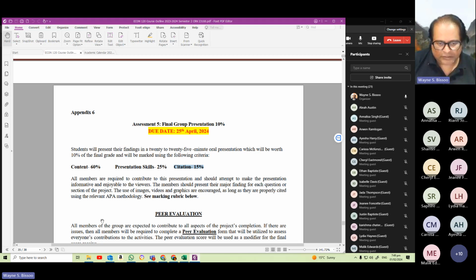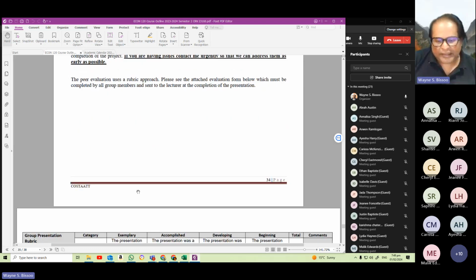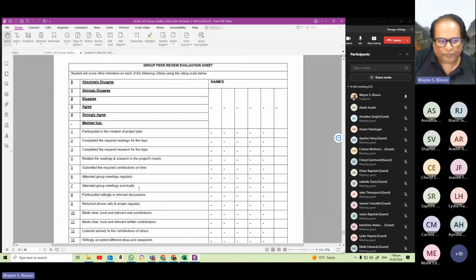Okay? Now, this is where peer evaluation can come in. If a group is dysfunctional in the way it's working, I will ask you to do a peer evaluation form, which means each member of the group will have to do a peer evaluation form, scoring everybody in the group. Let me show you what that form looks like.